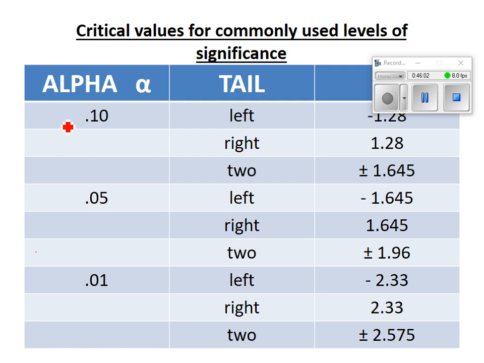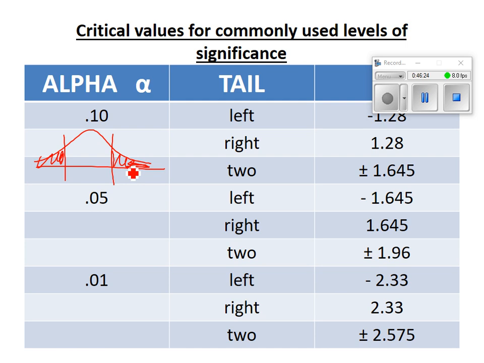If you're 10% and it's left-tailed, that's your critical value. Right-tailed, two-tailed, then you got a positive one and a negative one. So if I was at 10% and I'm two-tailed, then I'm like this. Got these two areas, those are our rejection regions.